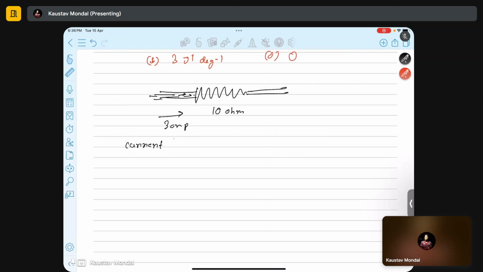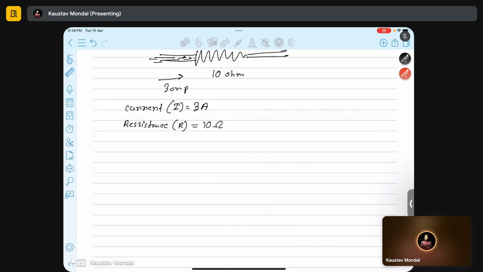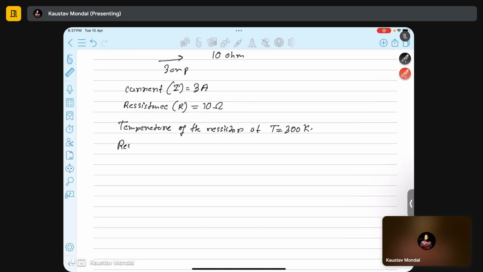Current I equal to 3 ampere, resistance R equal to 10 ohm, temperature of the resistor is constant at T equal to 300 Kelvin, and this whole resistor is cooled by running water.